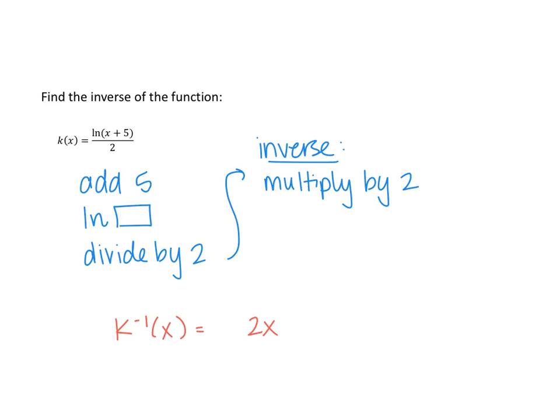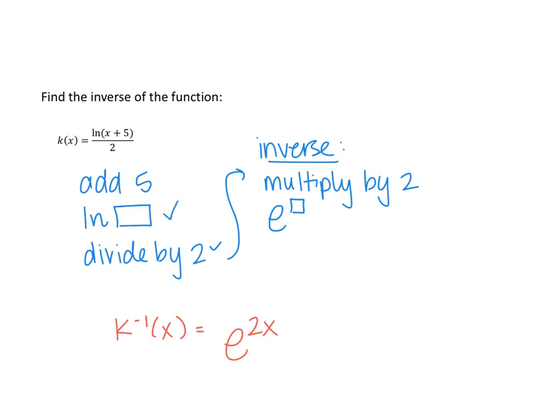So I undid the dividing by 2, now I want to undo the natural log of something, and the inverse of taking a natural log is a power with the same base as the log. Natural log is base e, so e to some power. So far I have 2x, so now I want to do e to the 2x.